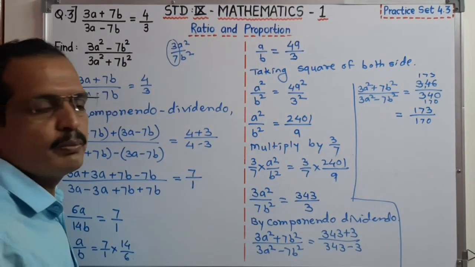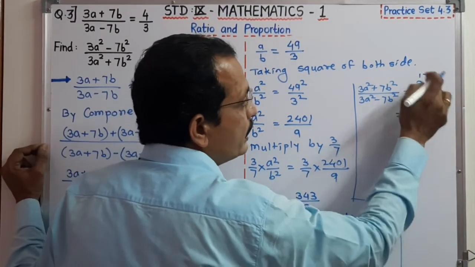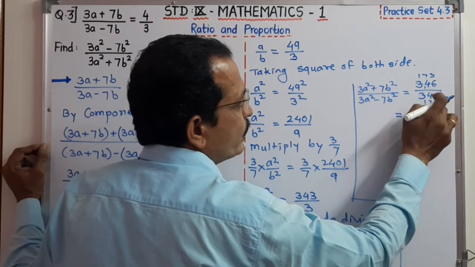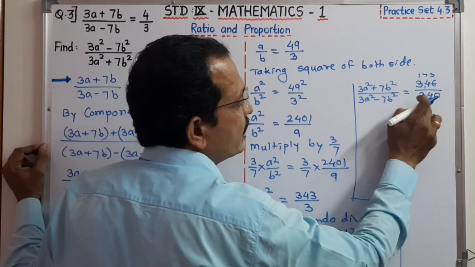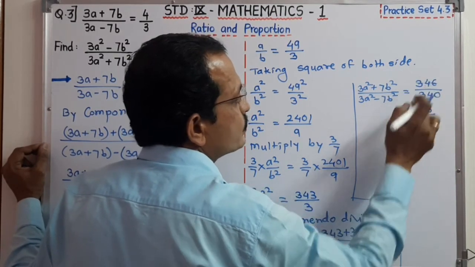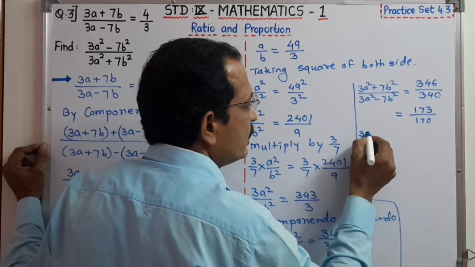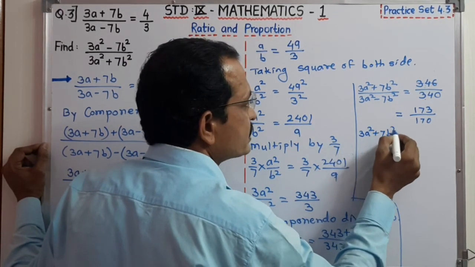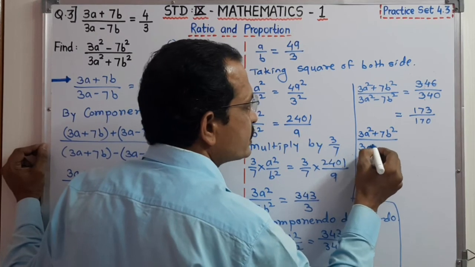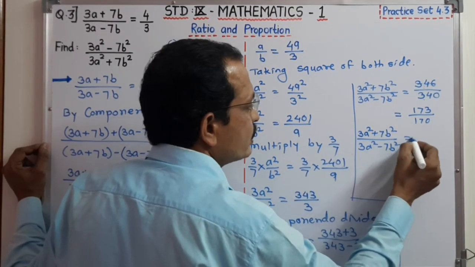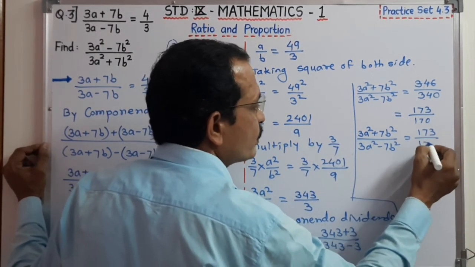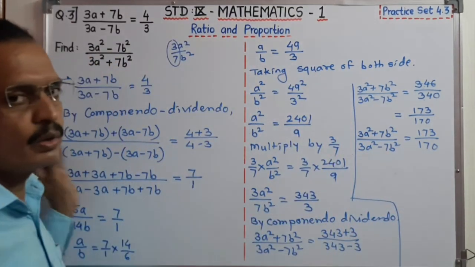That means we have to divide it by 2. Therefore we got 173 and 170. Now dear students, see here, we got (3a square + 7b square) / (3a square - 7b square) is equal to 173 upon 170. This is not our final answer.